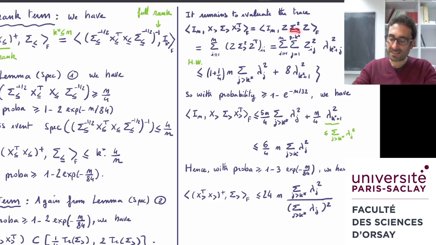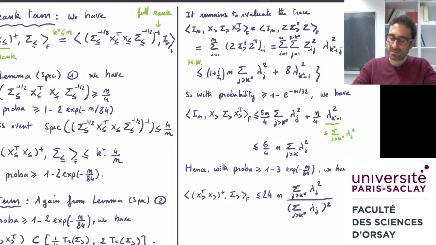So what we have is that this term is upper bounded by its expectation, which is here, plus the fluctuation, which is controlled by Hanson-Wright inequality, which is given by this term. And this, of course, holds with some random variables here. So we want to have a high probability bound. So this will be smaller than n over 32 with this probability.